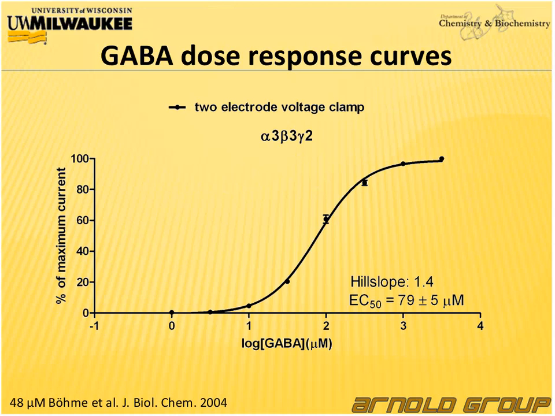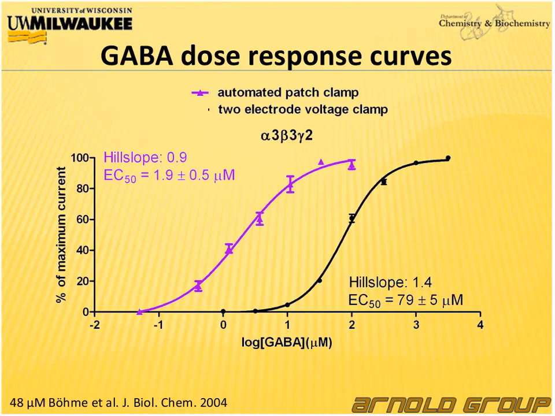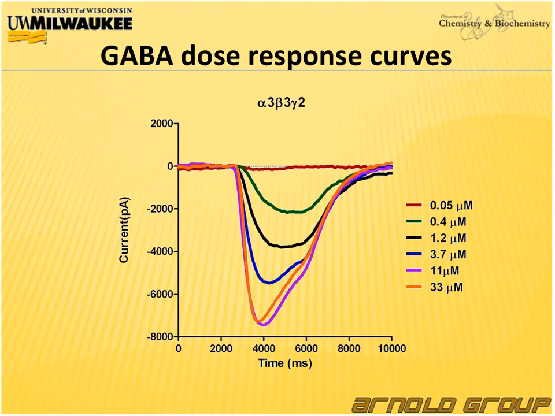For the alpha-3 GABA-A receptor, we find an EC50 of 80 micromolar for the manual assay, and in the automated assay, we find an EC50 of 1.9 micromolar. Also in this case, we see that the sweep response is very robust and comparable with the alpha-1 subunit containing GABA-A receptor.